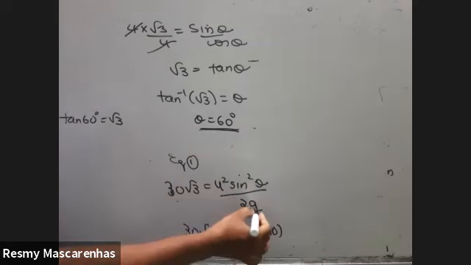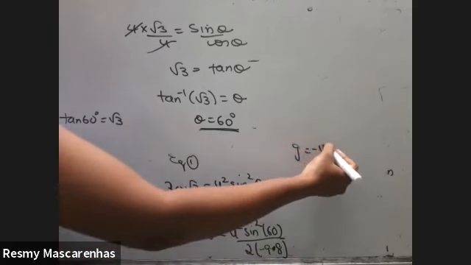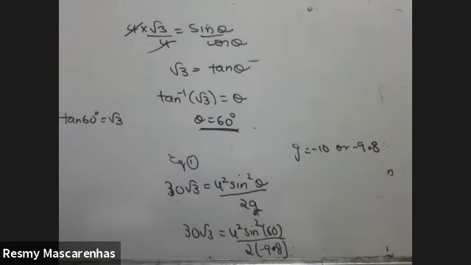Now there's a square term, so just be careful. For g, if nothing is given, you take it as 9.8, or else you can take 10. Whichever your teacher asks you to use, you can use that.